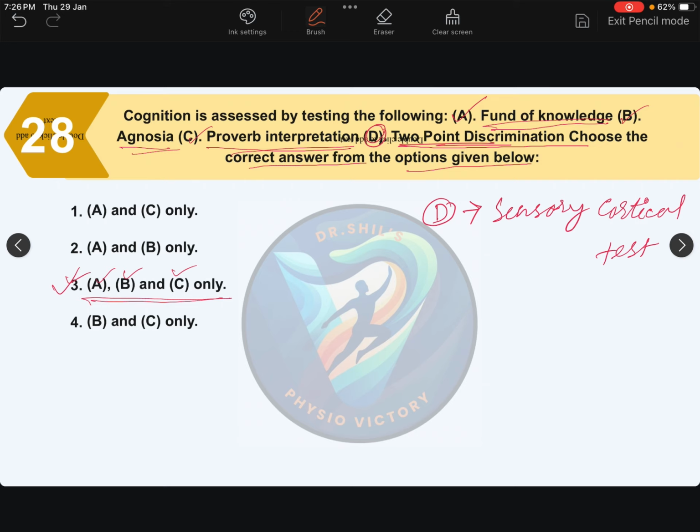Fund of knowledge is general awareness, which is included in cognition.